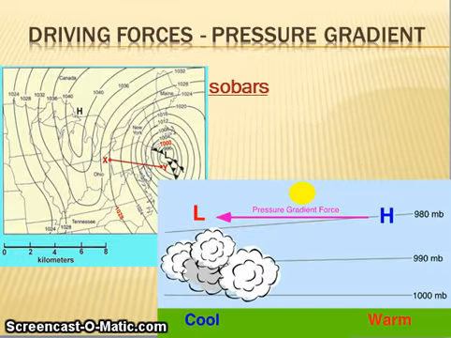Okay, so the second control or driving force for circulation is called the pressure gradient.